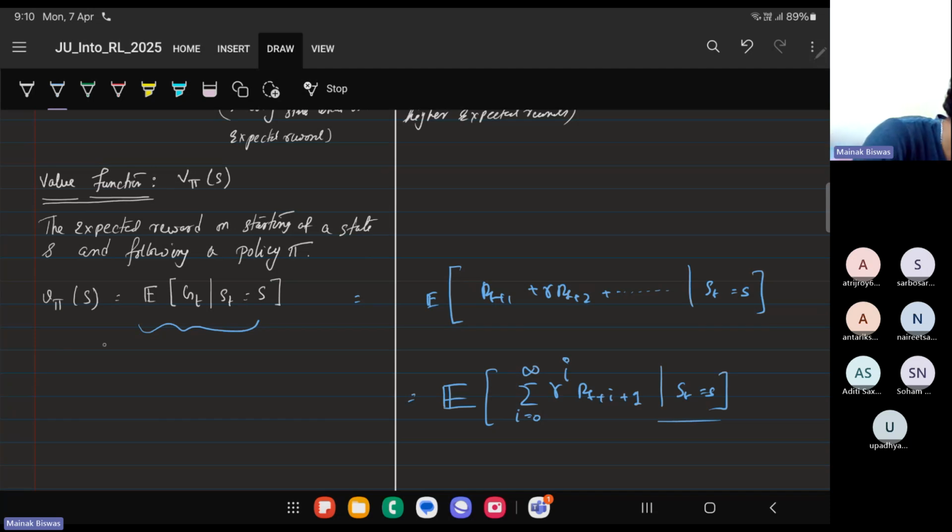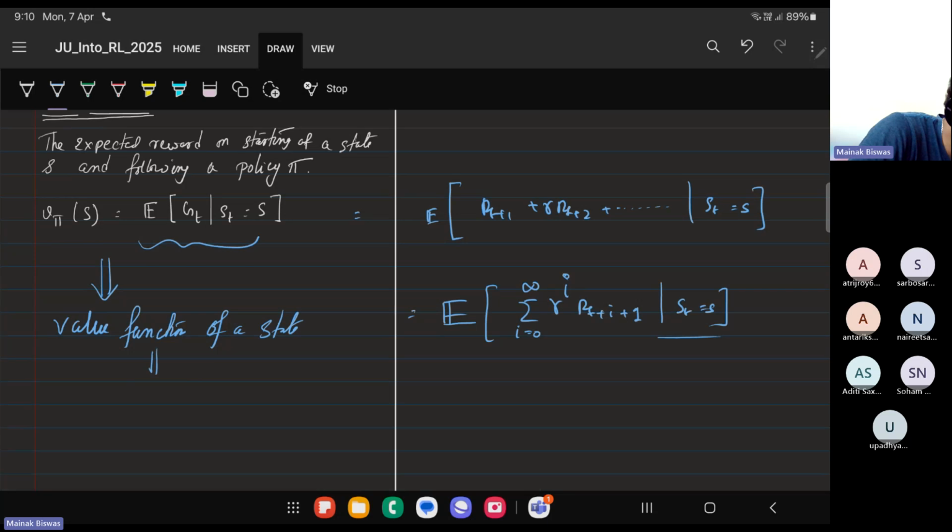This is called the value function of a state. Remember, value function of a state. That is an estimate of how profitable a state can be.